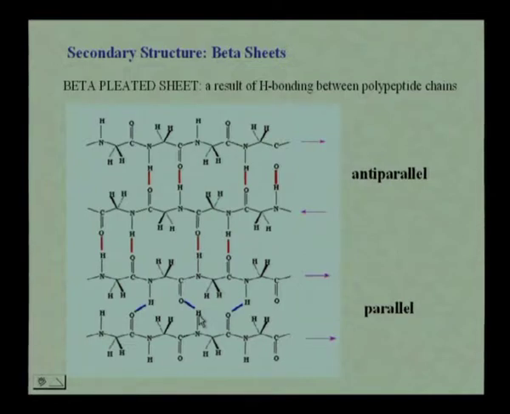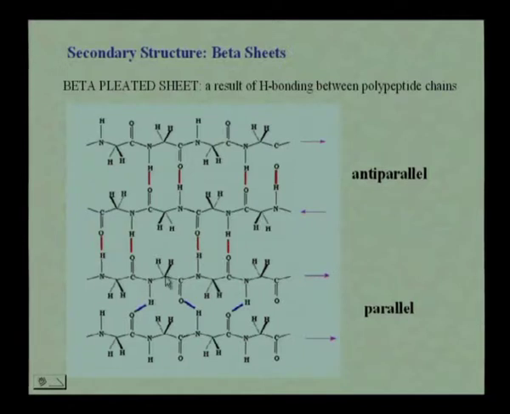Okay? The hydrogen bonding in the first case, let us look at this. Again, we have N-C alpha C. My NH and my CO bond with the same amino acid. In the second case, my NH and CO bond with two different amino acids.